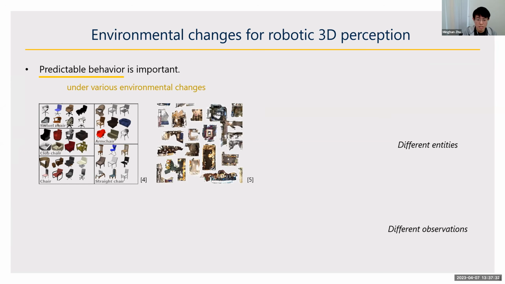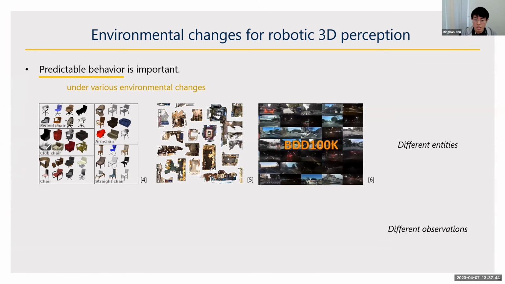Also, for example, these are bird's eye views of some indoor environments in an open source data set. Of course, there are numerous different layouts of indoor environments. Similarly, for outdoor environments, like the road layout, the environment can also vary drastically. These are all different entities in this context. However, on the other hand, a lot of the environmental changes come from different observations of the same entity, the same object.